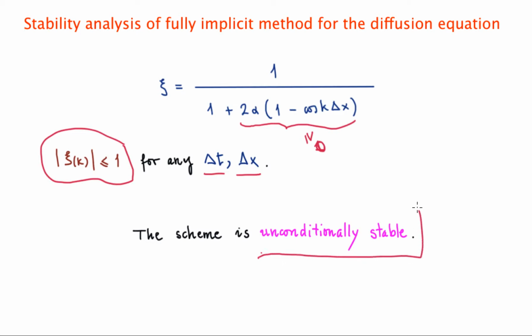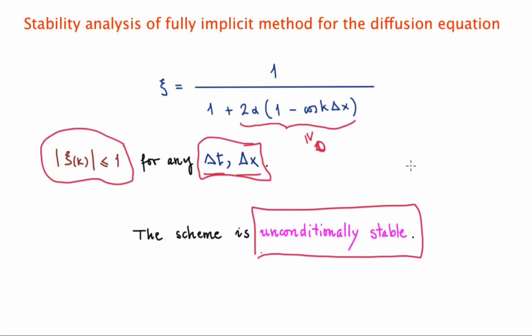That's why we say that this method, the fully implicit method, is unconditionally stable. However, if you remember, the explicit method was conditionally stable, satisfying some relation between delta t and delta x. But in this case, it's not the case. Here this method is always stable, and this is very comfortable.